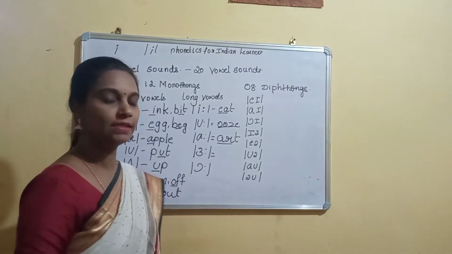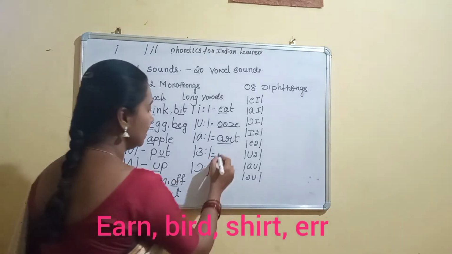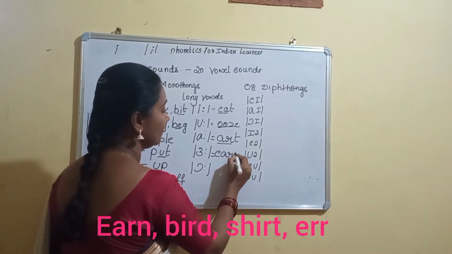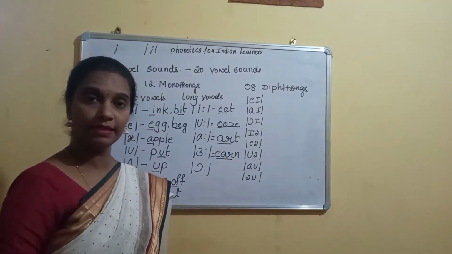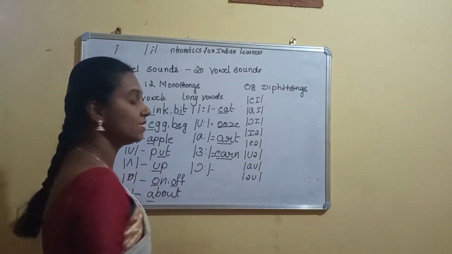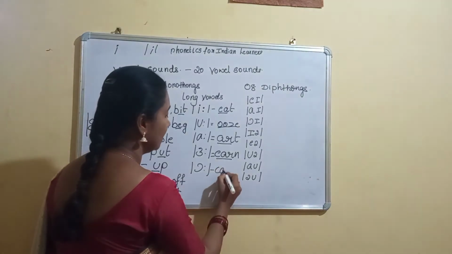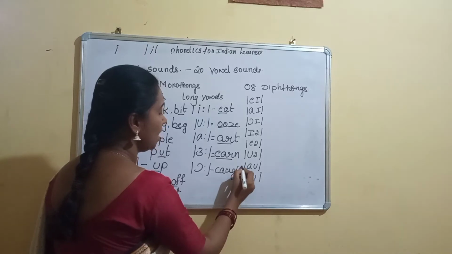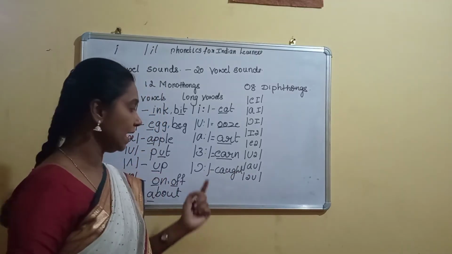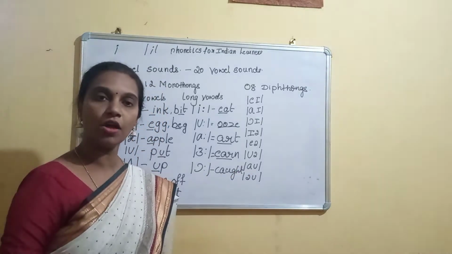The next sound's example is earn. And the next sound is aw, and the example is caught.